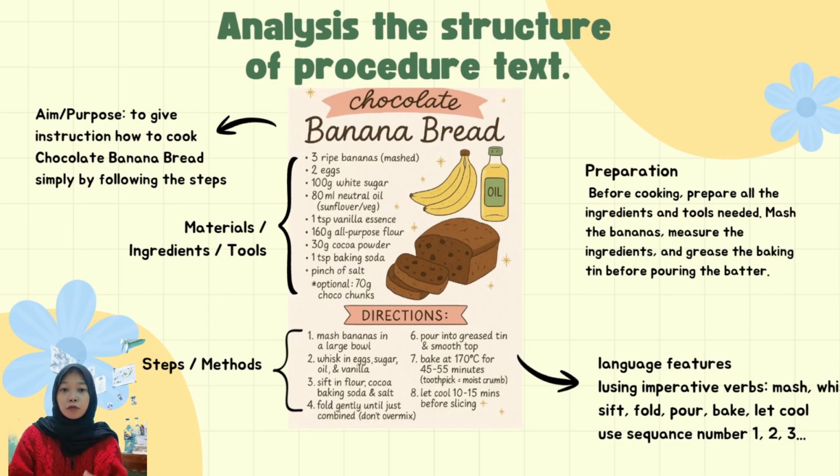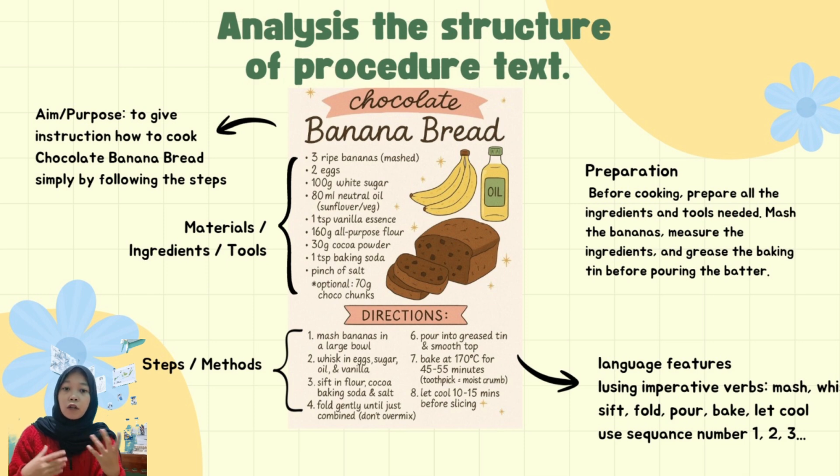Okay, now let's move to the analysis of the text. Here we have a procedure text about how to make chocolate banana bread. The purpose is to give instructions on how to cook chocolate banana bread simply by following the steps. For the materials or ingredients, we have 3 ribs of banana, 2 eggs, 100 gram white sugar, 80 ml natural oil.